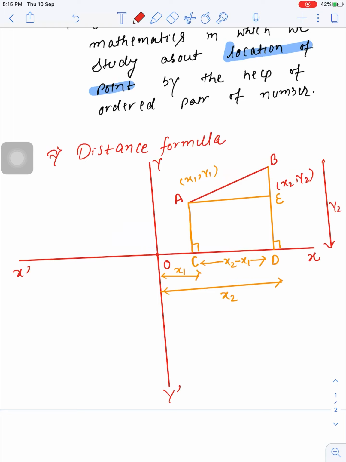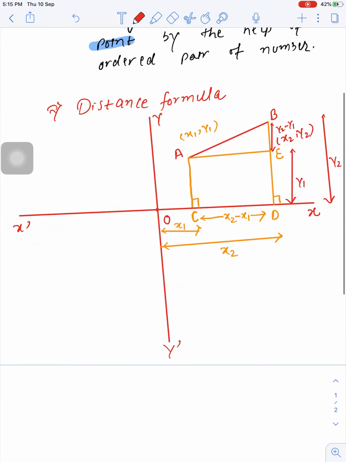Just be careful, it is very easy, don't worry about this. This is y1. So if I calculate this, it is y2 minus y1. So writing it clearly, CD is equal to x2 minus x1 and BE is equal to y2 minus y1.